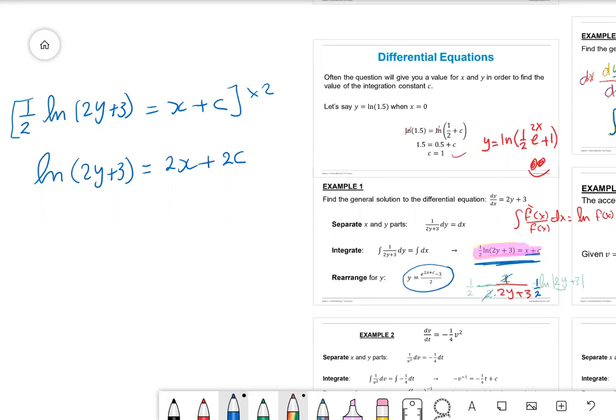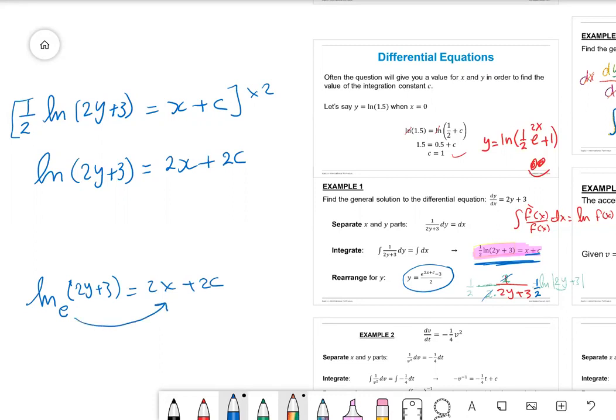Or K. Now, to get rid of the ln, we can take e to both sides, or we can use the definition of the ln, yeah? If we have ln 2y plus 3 equals 2x plus 2c, that means ln to base e, so we use the definition.